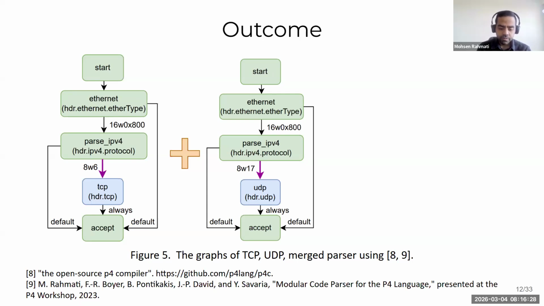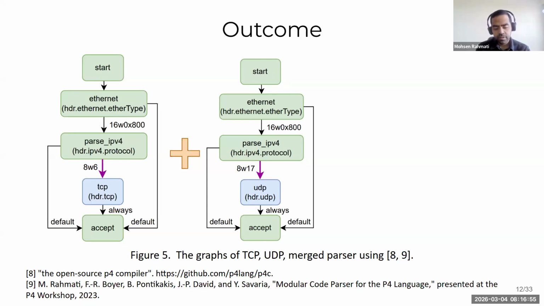If we have the same header they extract and the same transition value, we consider them mergeable because we can merge their children. And if they do not have the first two conditions, we consider them as different nodes.